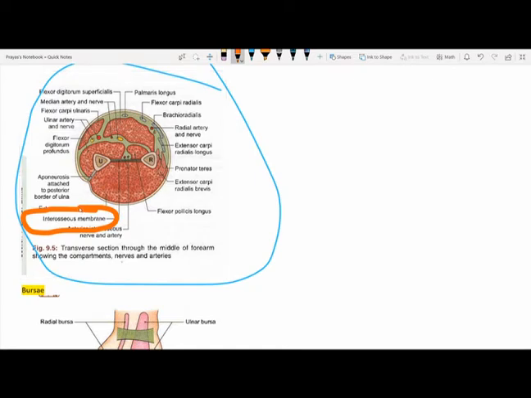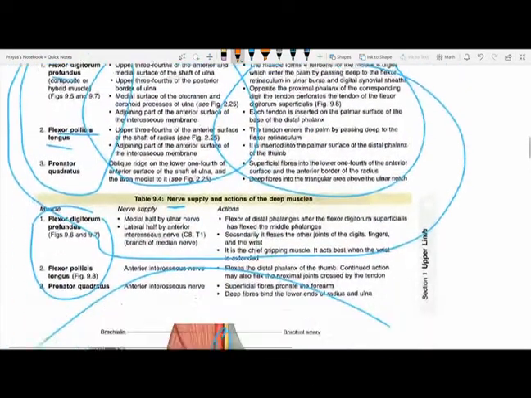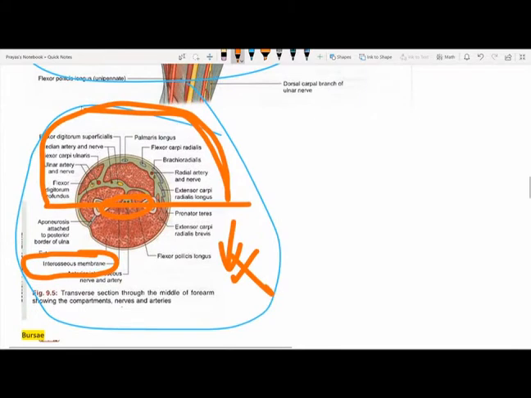I don't know how to pronounce it. So this is the membrane that divides the forearm into two parts, and we're only discussing the front part. We're not discussing the part that is below. In this part of the chapter, we're only discussing muscles and arteries present in this part.